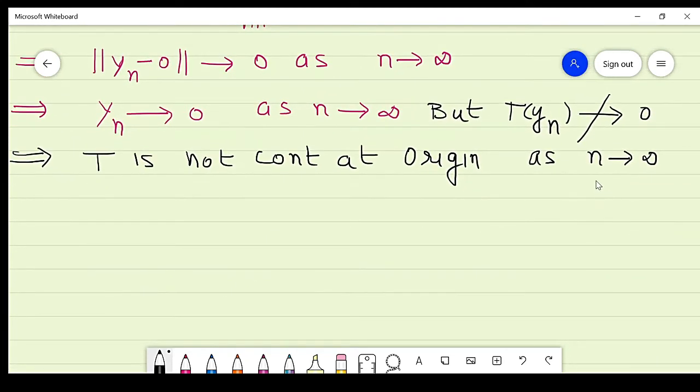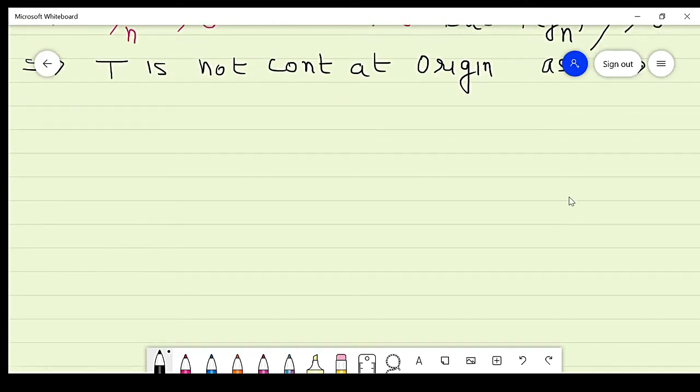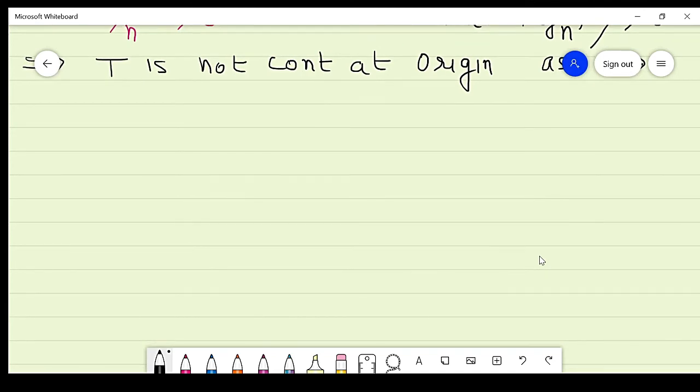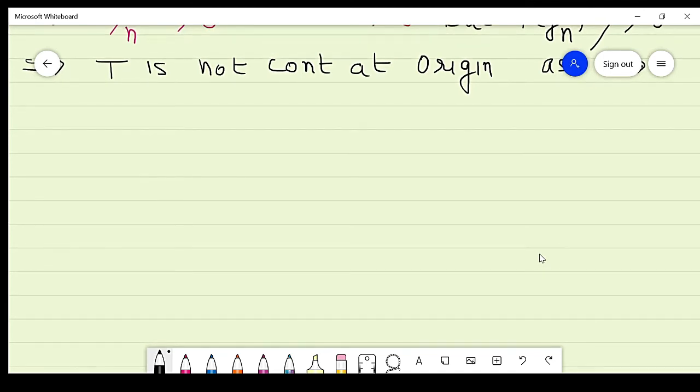Hence our supposition is wrong, which is a contradiction, because the given part is T is continuous at origin. If our supposition is wrong, then it implies T is a bounded operator. Clear? So 2 implies 3.